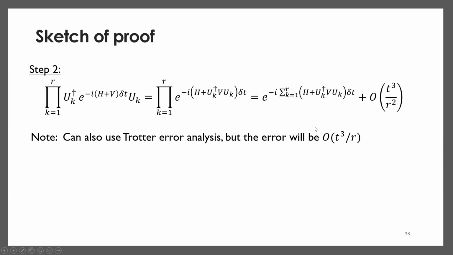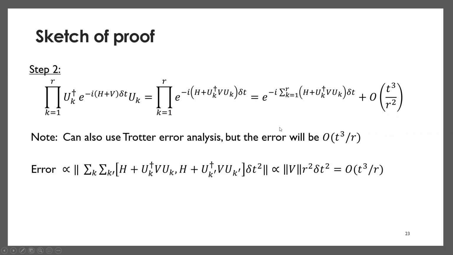So we can use some standard Trotter error analysis to estimate the error of this approximation. But in the standard Trotter error analysis, the error will be upper bounded by every possible commutator between the exponents that we want to combine.